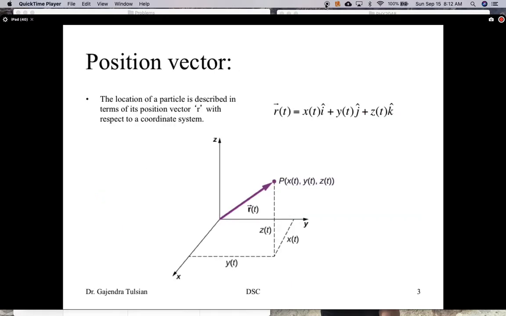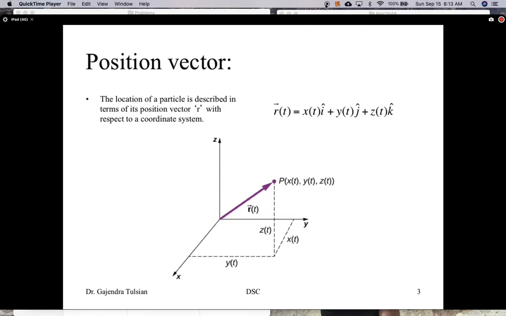All right, so here's a three-dimensional coordinate system, x, y, z, and here is a particle, and its position vector with reference to this coordinate system is given by a vector from the origin to its location. And of course, here are its x, y, and z coordinates.